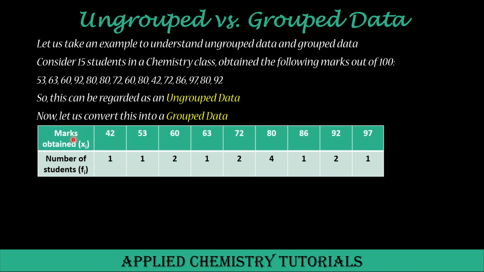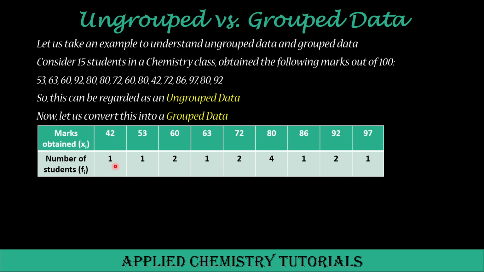First, for ease of understanding, we arrange these numbers in ascending order and put them in the first row of this table, known as marks obtained or xi. So these are 42, 53, 60, etc. In the second row we put the number of students, or frequency, which is fi, showing how many students obtained this particular mark.